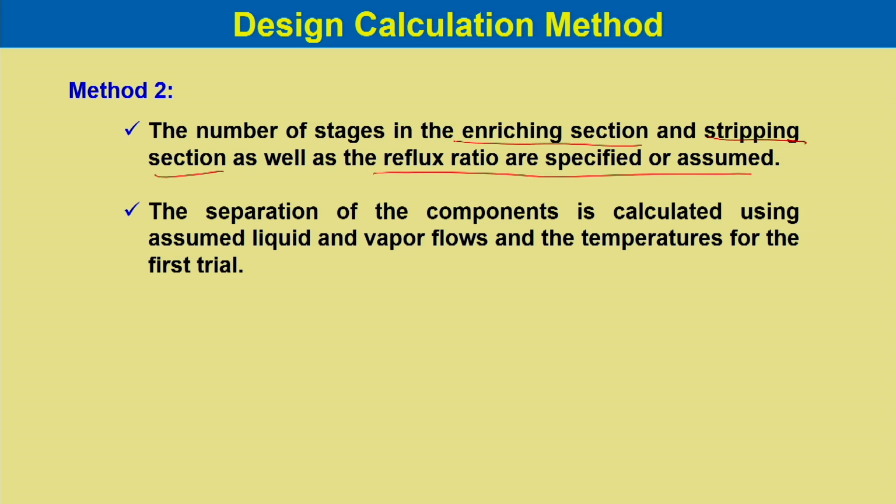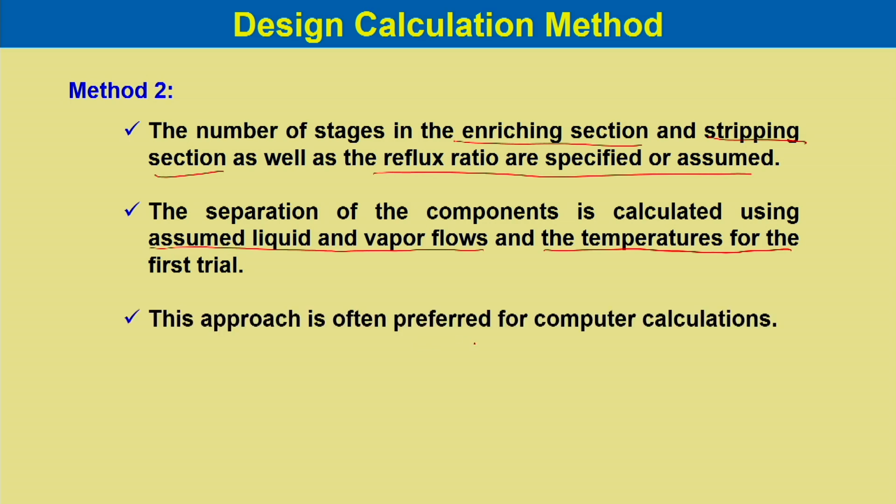The number of components is calculated using assumed liquid and vapor flows and the temperature for the first trial. So, what we are assuming: liquid and vapor flows and the temperature for the first trial. This approach is often preferred for computer calculation.